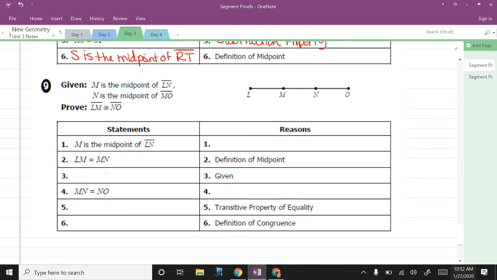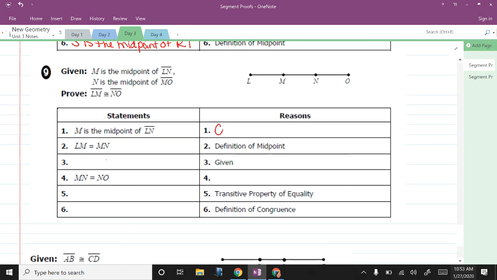All right, number 9 is similar. There's a bunch of different segments broken up in this picture. Y'all see that? How many givens are there? There's two different givens. How many givens are listed in statement one? Just one. So the first one is M is the midpoint of LN.